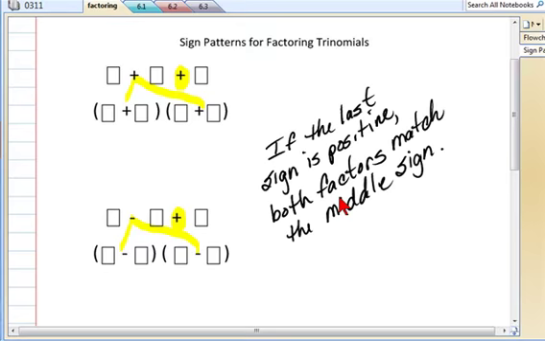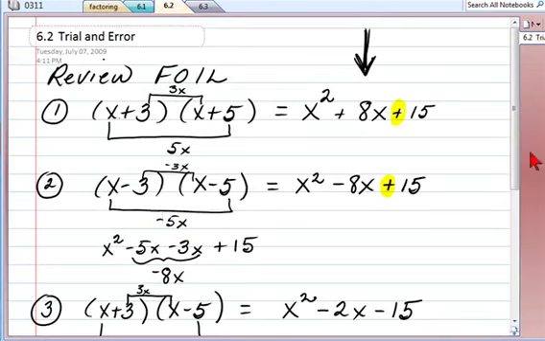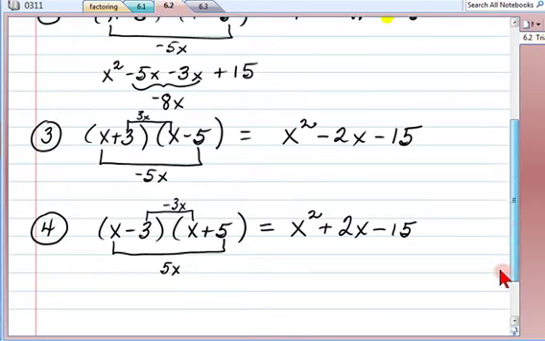All right, let's go back to those examples we were looking at. What happens if the last sign is negative? Then there is always one of each, one positive and one negative.